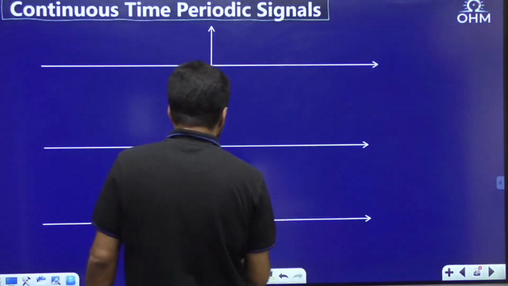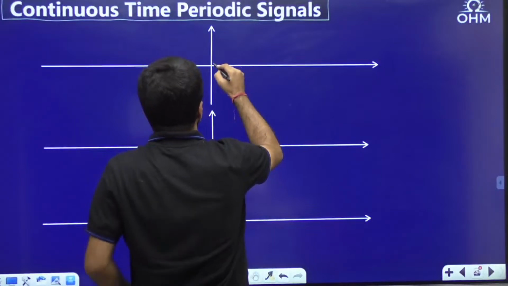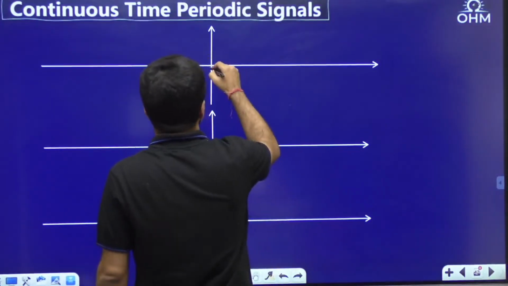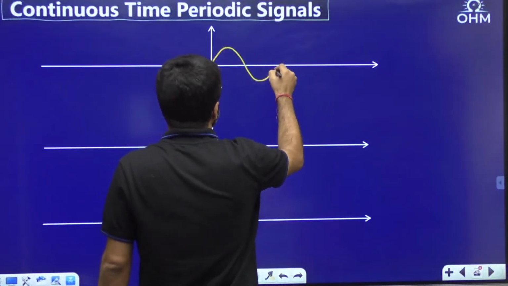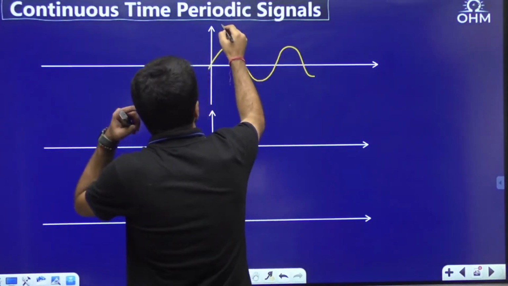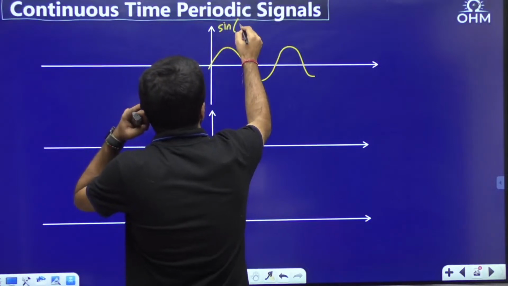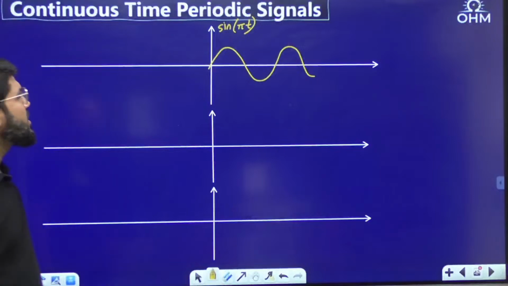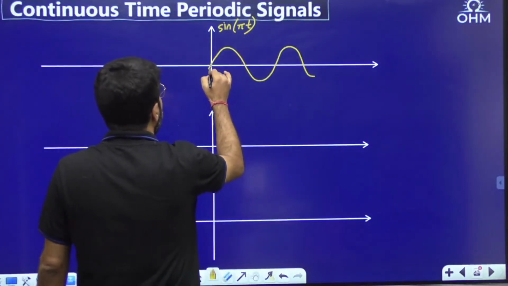Suppose I take a signal which is periodic with a period of 2, and then I'll compress it. Time period equal to 2 means it should be sine of 2 pi by pi, so sine pi t, amplitude 1.